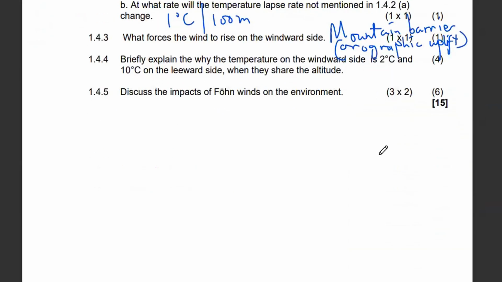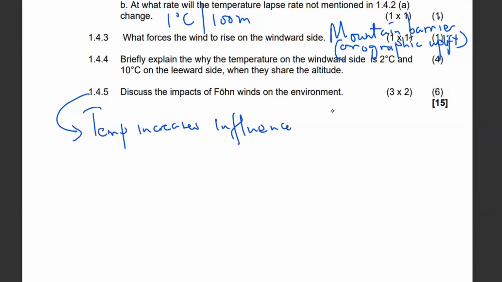Discuss the impacts of foehn winds on the environment. We said they are hot and dry. So what is the impact of having hot and dry air on the environment? Right, it is going to cause temperature increases, which is going to influence local climates.